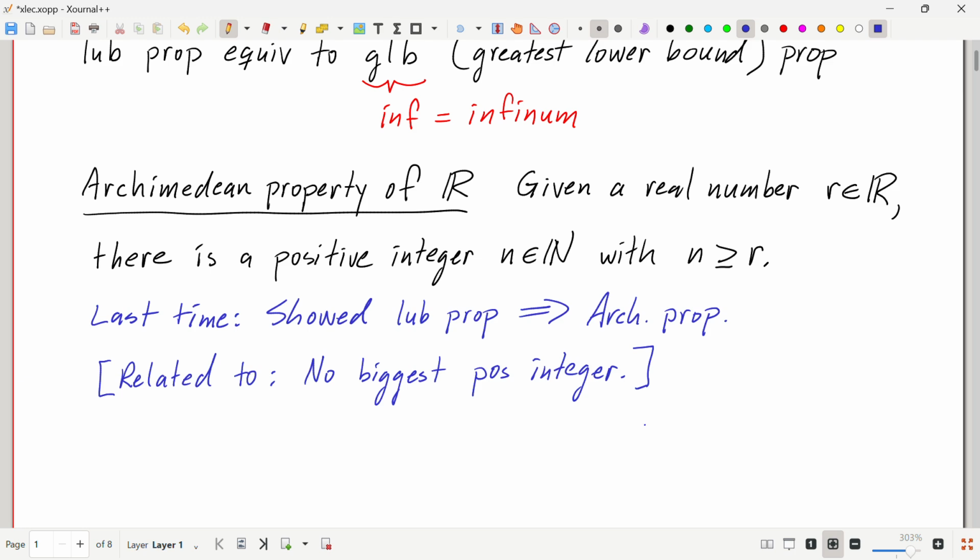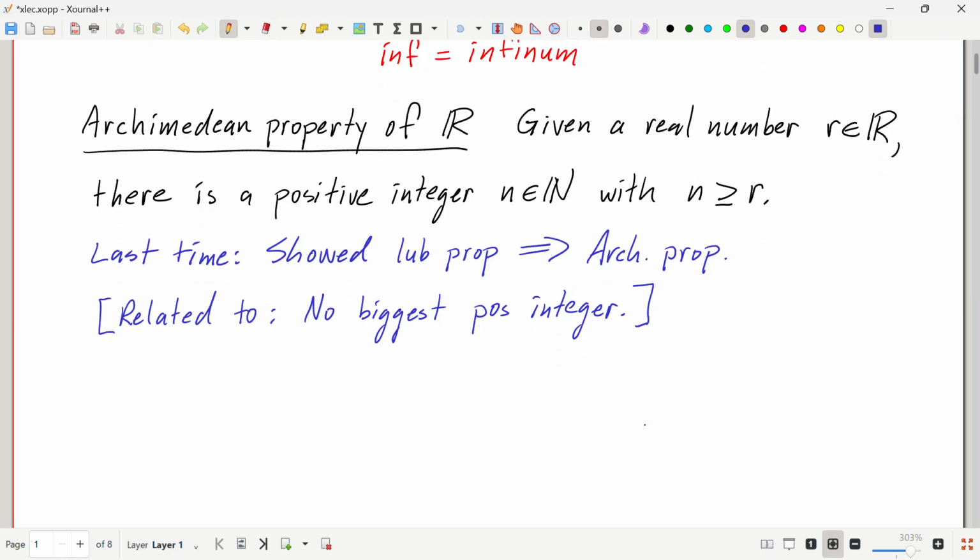Let's see, an important corollary of the Archimedean property: well, n can get bigger and bigger. Well, guess what? 1 over n can get smaller and smaller.